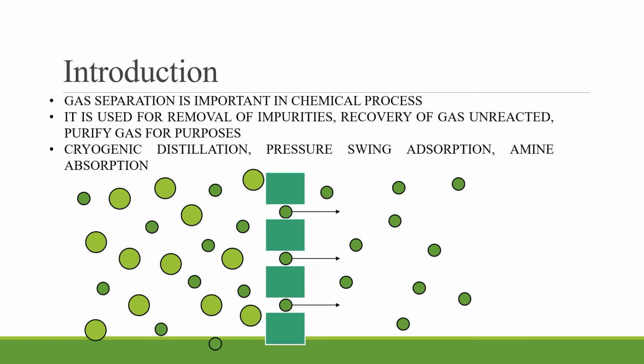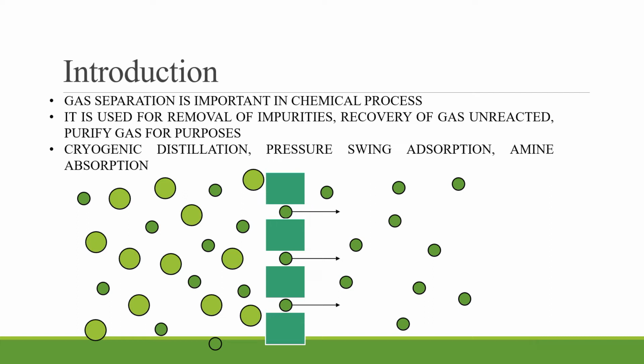The main purpose of gas separation is the removal of impurities in the gas streams or recovery of unreacted gases from chemical reactions. Another one is purification of gas, for example, for medical purposes, which require a high purity of oxygen for certain patients and for certain treatments.